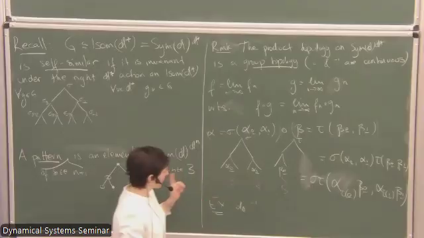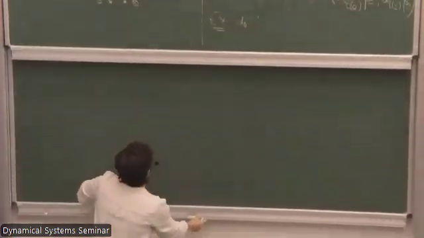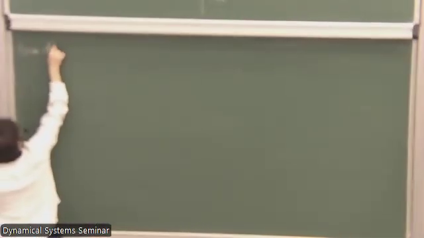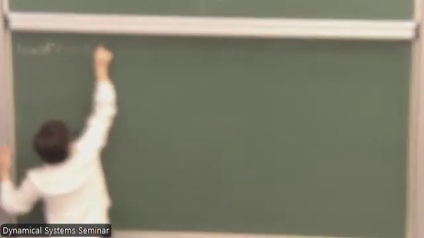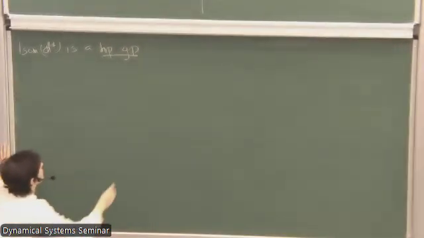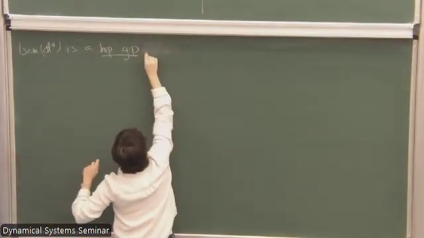And so this means that Isom D star is a topological group. It's compact. Well, I'll talk about that later.